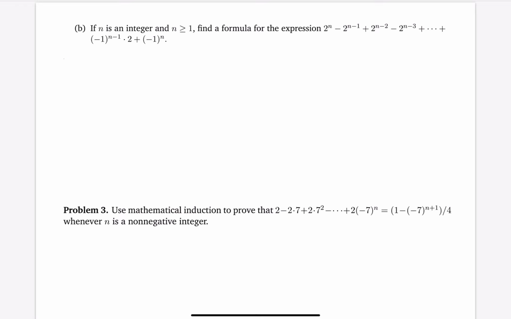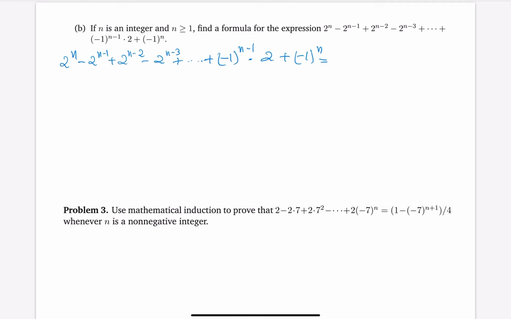You got 2 to the n minus 2 to the n minus 1 plus 2 to the n minus 2 minus 2 to the n minus 3 plus negative 1 to the n minus 1 times 2 plus negative 1 to the n. Now here, let's factorize by 2.